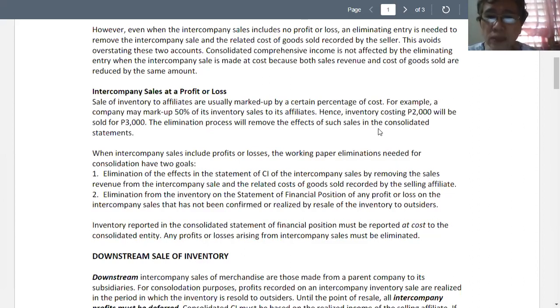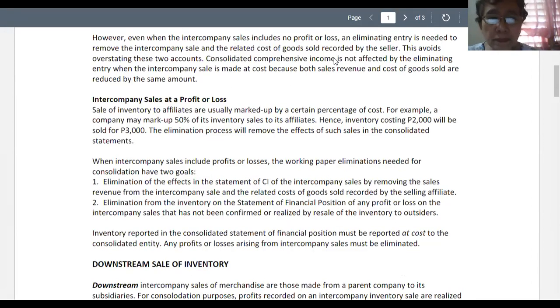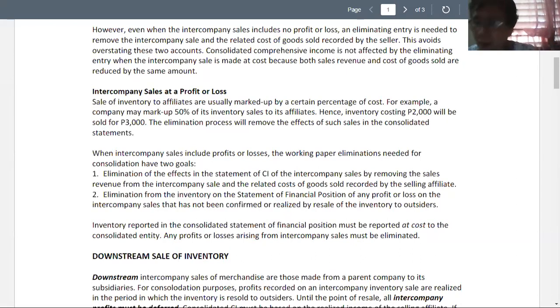So those are made from a parent company to its subsidiaries.